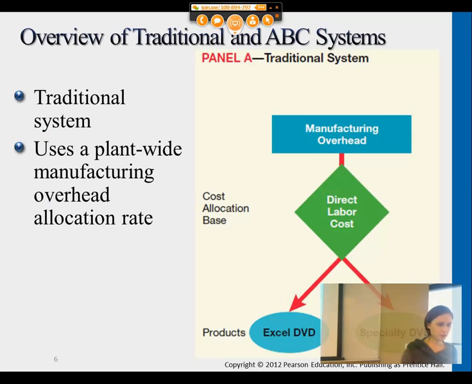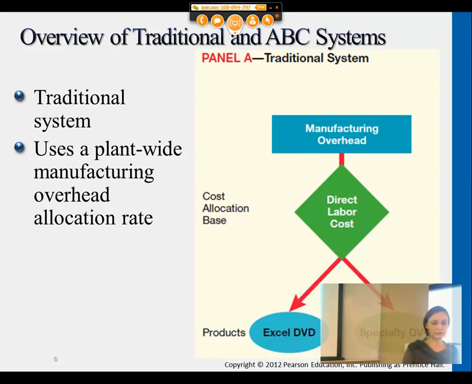Okay? All right, so let's look at the system. So what do we have here? We have the manufacturing overhead, right? Direct labor costs, and then some products. So let's see. This is a very, very traditional system. We're just talking about the traditional one right now.